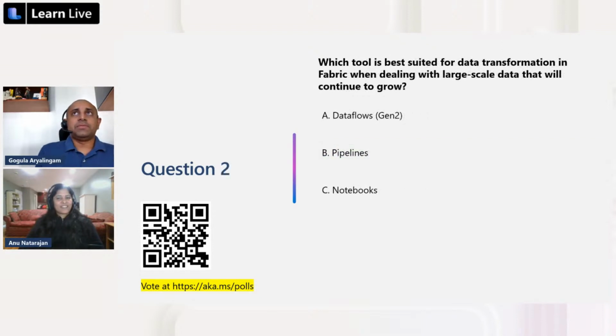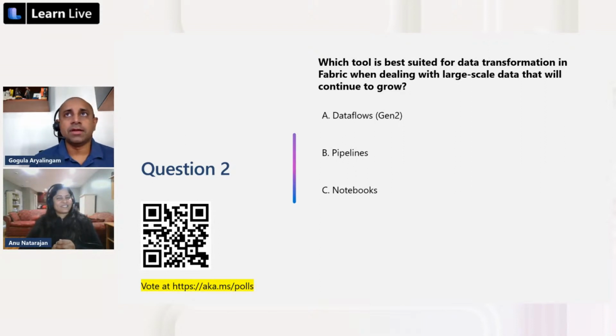So moving on to question number two. Which tool is best suited for data transformation in Fabric when dealing with large-scale data that will continue to grow? Is it Dataflows Gen2, pipelines, or notebooks? The votes are coming through. Yeah, they are. I'm impressed, this time we have a good percentage.